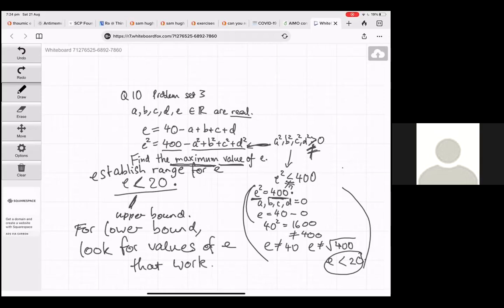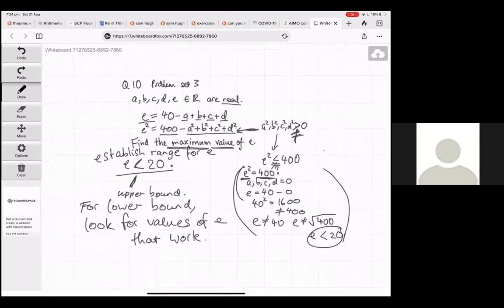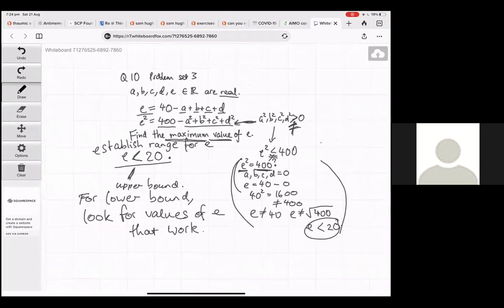Because if there's a value of E that works, meaning there's a value of E such that these equations make sense, and there are corresponding values of A, B, C, and D that make these equations true, then that value of E is a lower bound, because it's possibly the maximum, but not necessarily.